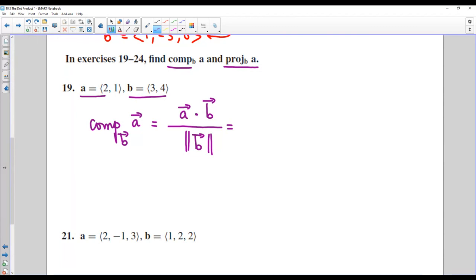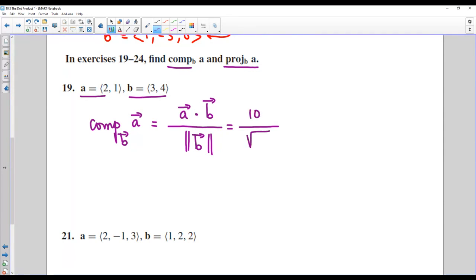Okay, so can we do this fairly quickly? So the dot product first. What is the dot product? Ten, yeah.